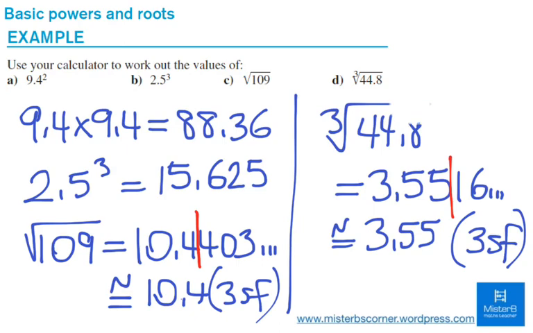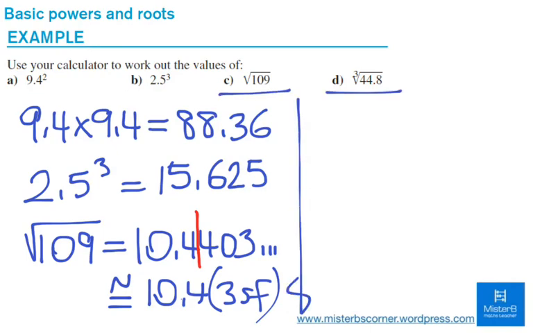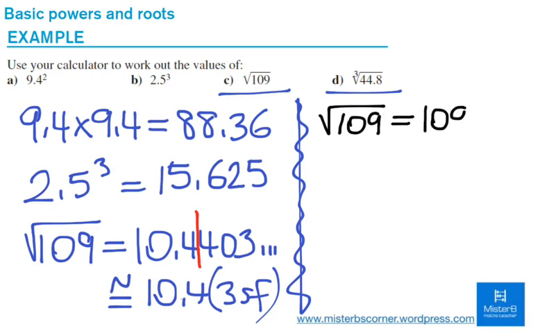One last thing about this example is that we can write down the roots, I mean, in parts C and D, we can express them as powers. The square root of 109 could be expressed as 109 to the power of 1 over 2, because the power of 109 is 1 and this is the square root, so I can write a fractional index number to express this root.